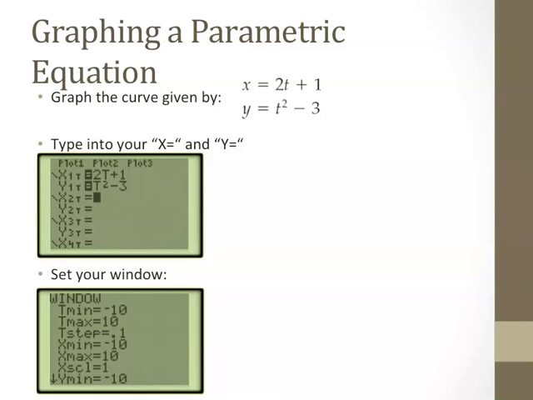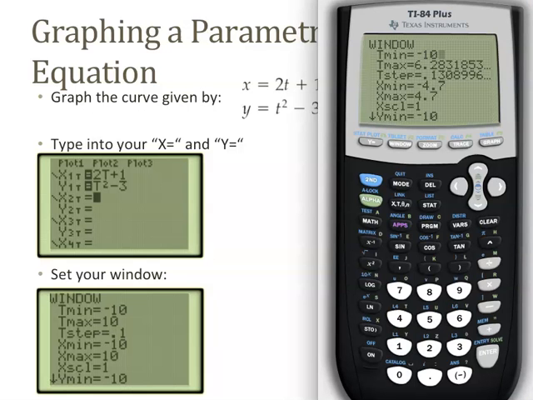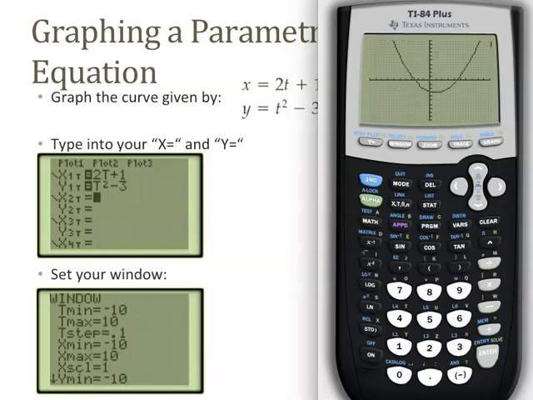Now you'll notice the window looks slightly different, and really what you're doing is instead of giving the X-min and X-max, first it asks you for the T-min and the T-max. And here's what your graph should look like. So this is actually just the graph of a parabola.